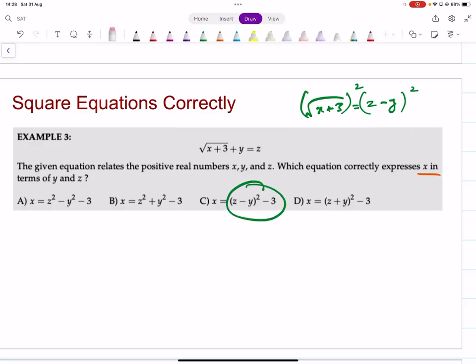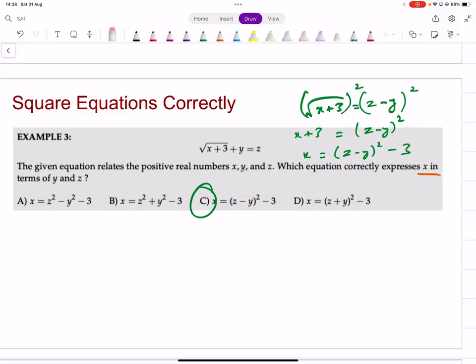So we can actually just keep it this way: z minus y whole squared, and on the other side we have x plus 3, and then x equals z minus y whole squared minus 3, and this is what we get here. Does this make sense? Any problems?